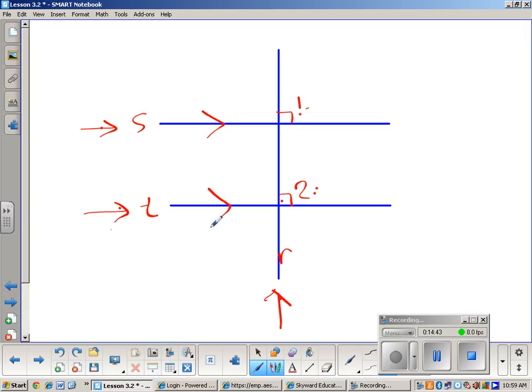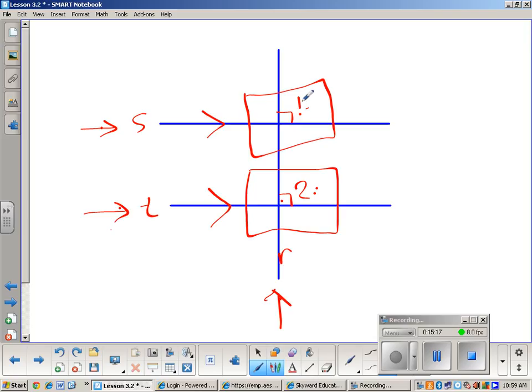Now, the first three are just looking backwards at what we did before, and the last two are new thoughts. If we add on to why this is true, what kind of angles are 1 and 2? Corresponding. And since they're perpendicular, that makes them right angles, which makes them 90 degrees.